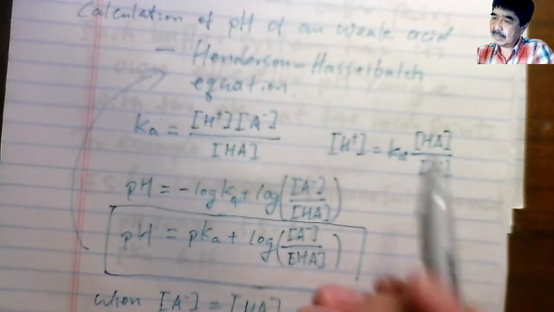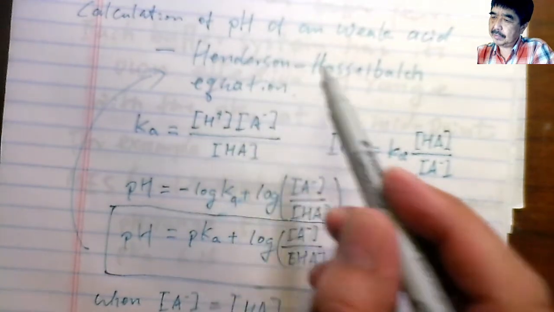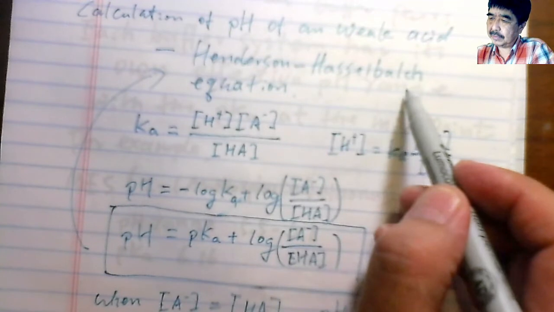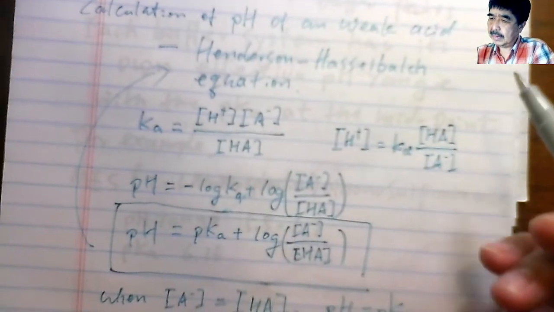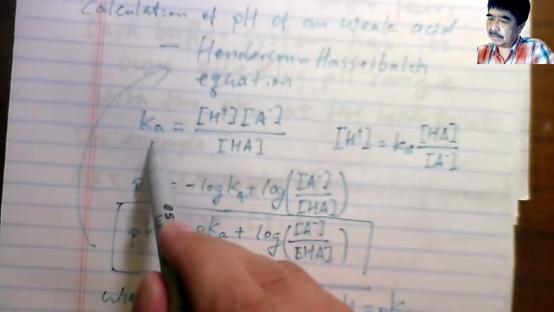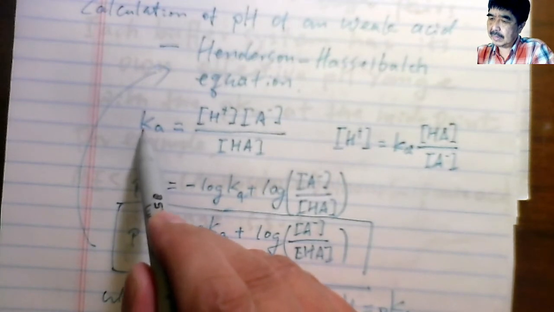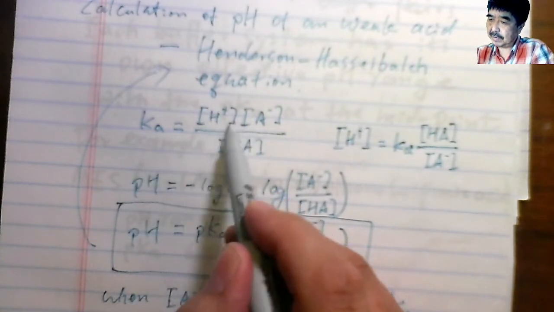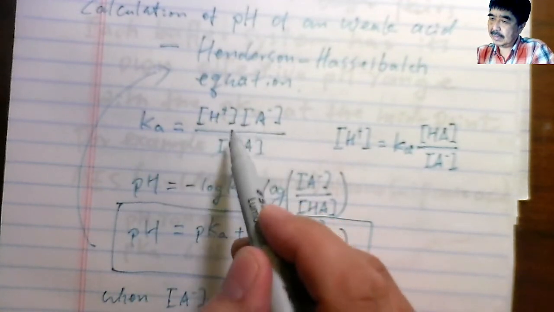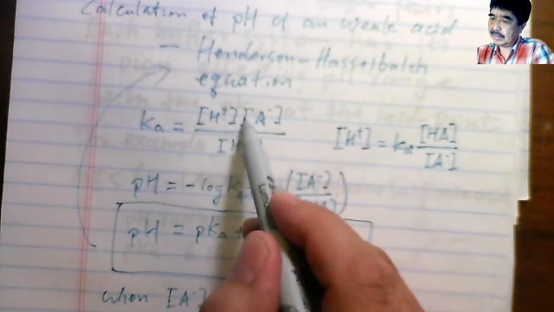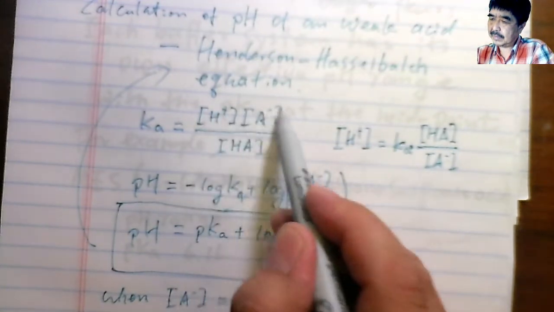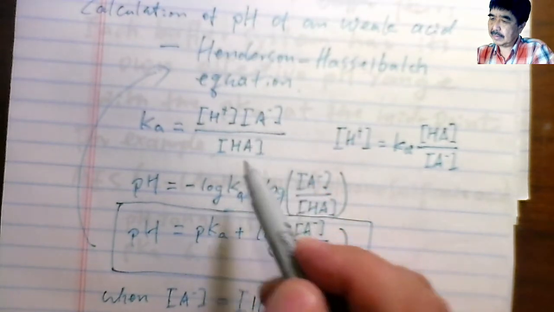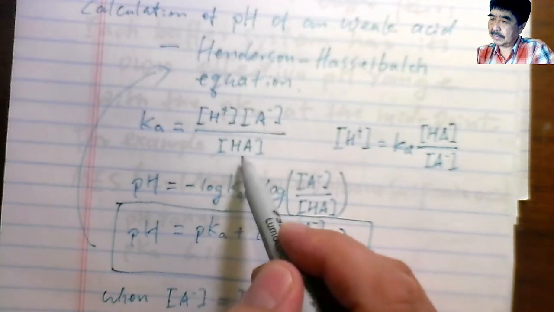Let's talk about the pH of a weak acid and the Henderson-Hasselbalch equation. We start from here. We know that Ka, the acid dissociation constant, equals the product of the proton concentration and A minus, the conjugate base, divided by HA.